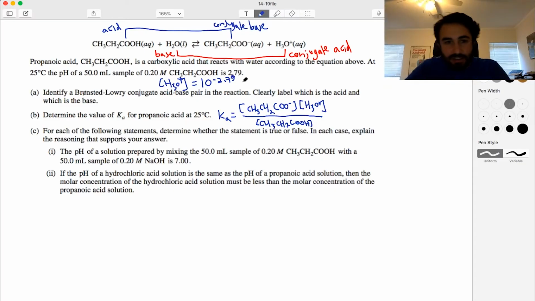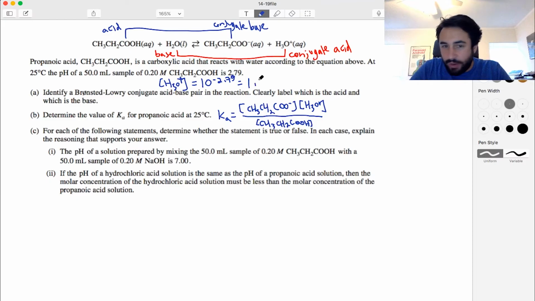So that is 1.6 times 10 to the negative 3 molar. Right? So 1.6 times 10 to the negative 3 molar.